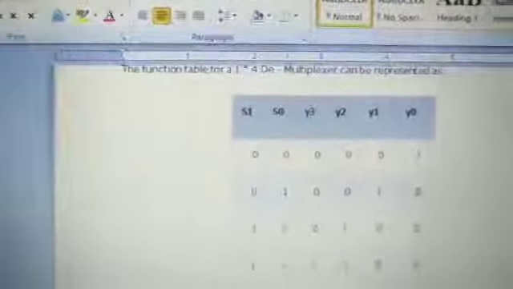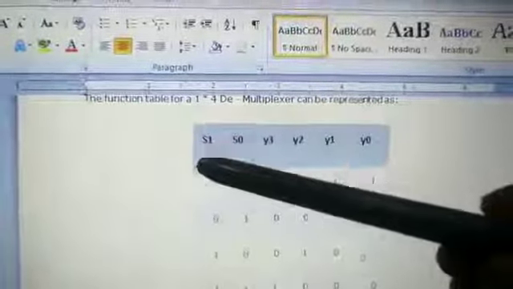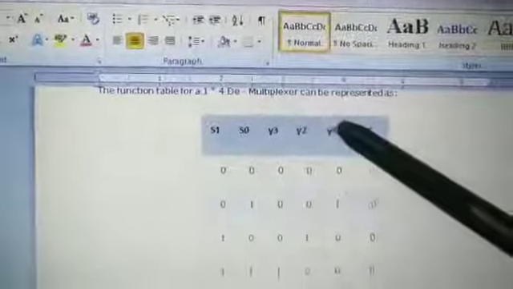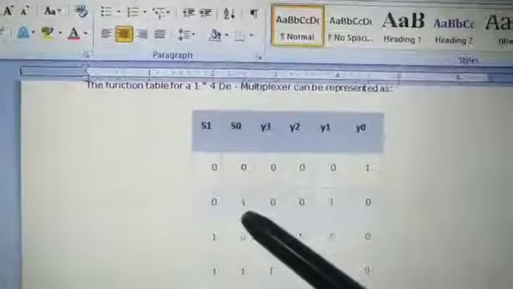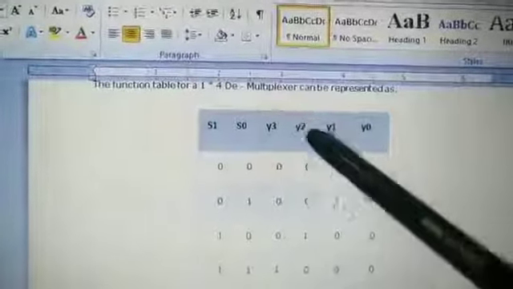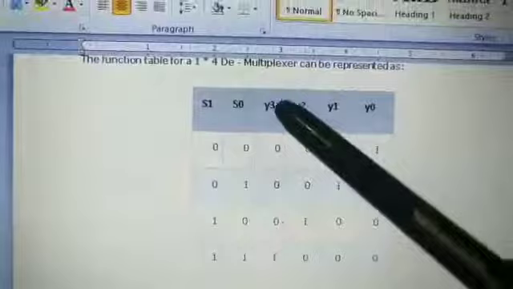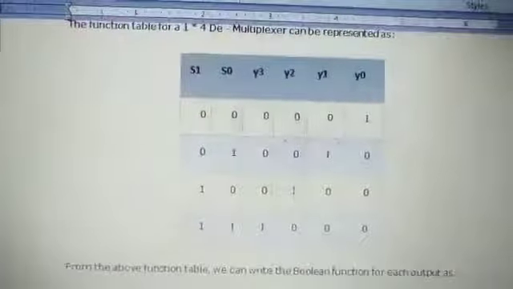The data input I is connected to Y1 when S0 is 1 and S1 is 0. The data input I is connected to Y2 when S0 is 0 but S1 is 1. And the data input I is connected to Y3 when both S0 and S1 are 1.